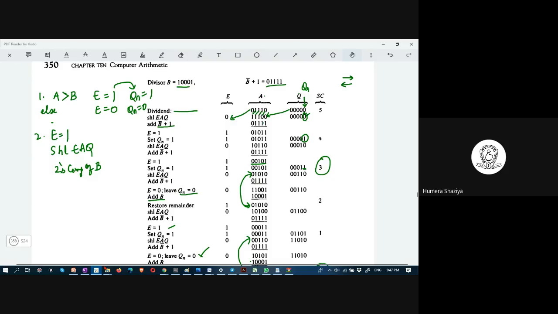This we are restoring by adding B. After restoring, you perform shift operation. After performing shift and subtraction operation, you obtain something, and after shifting, E received 1. So in the next cycle, E is 1. Because E is 1, Qn receives 1.